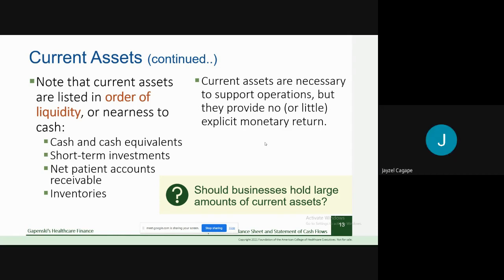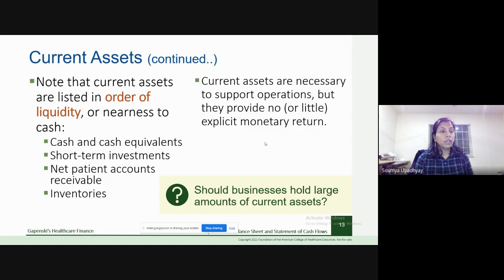No. Just as in personal finance, you should not hold a large amount of money in your bank. The same goes for hospitals: don't hold large amounts of current assets. If you have enough to help you survive for 6 months to 1 year, which is also the definition of current assets, 1 year, then you find out how much you need to survive for 1 year.